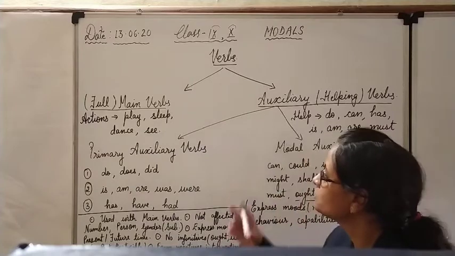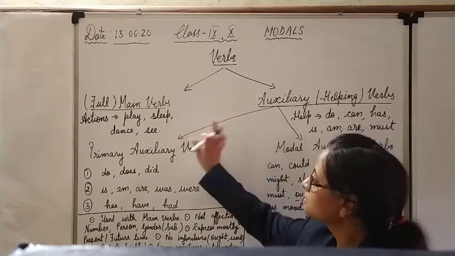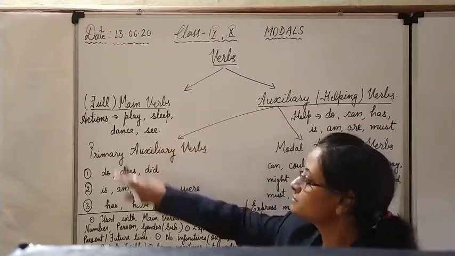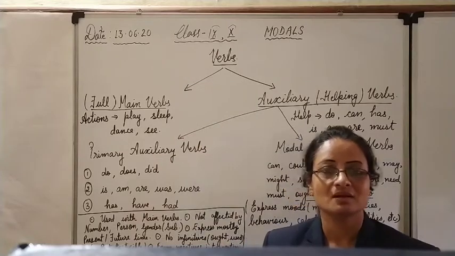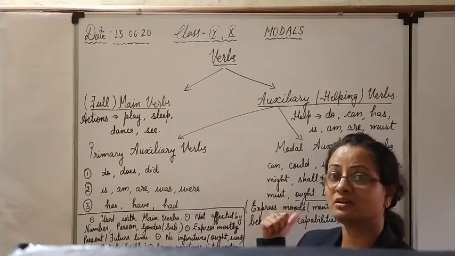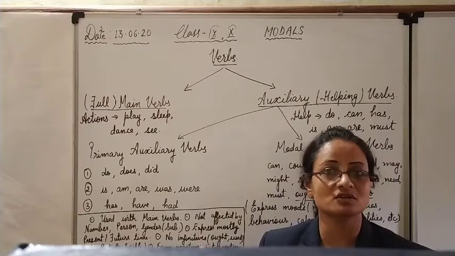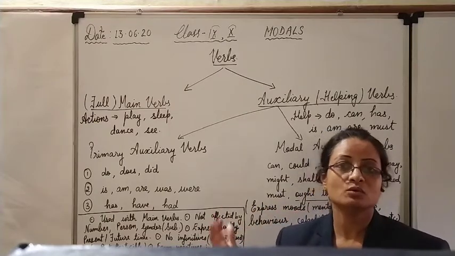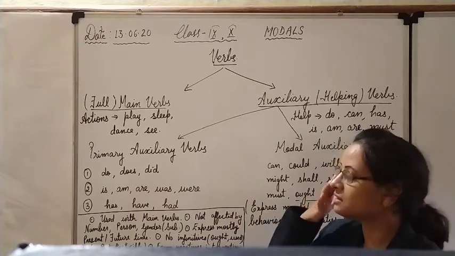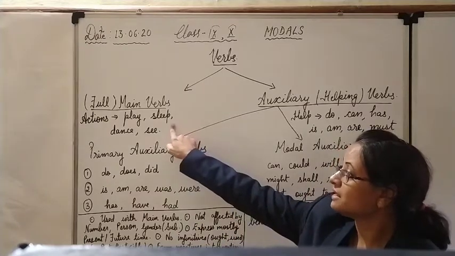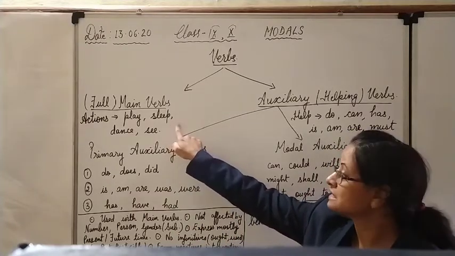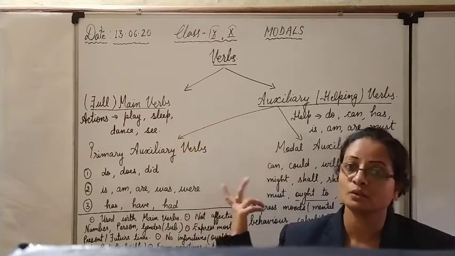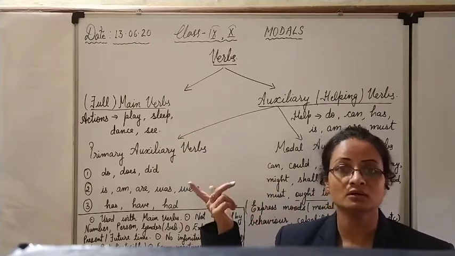Now if you see what is the difference between the main verbs and the auxiliaries: main verbs are generally action words. They indicate some action, but auxiliaries do not express any action. They are only incomplete verbs, you can say. They are weak verbs. They only assist. They are not complete in themselves. Action words are like full verbs: play, sleep, dance, see, go, hear, look, act.